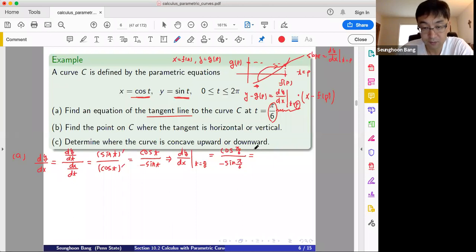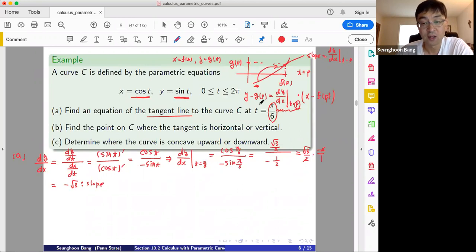Square root of 3 over 2. Keep the negative. Sine pi over 6 is 1 over 2. Simplify: numerator times reciprocal of denominator, the negative 2 over 1. 2 is crossed out. The answer is negative root 3. This is the slope of the tangent line.